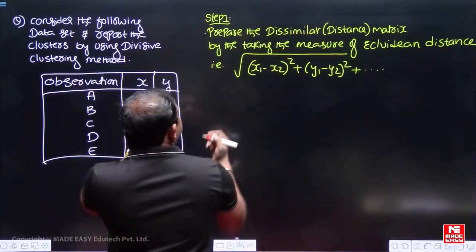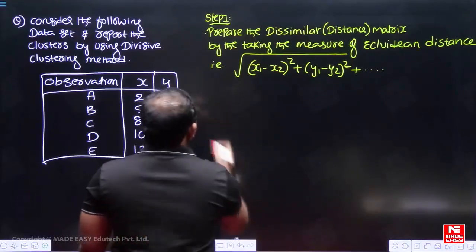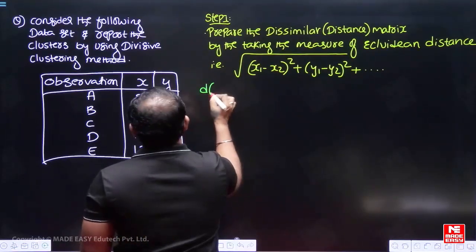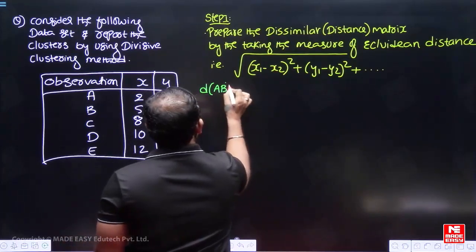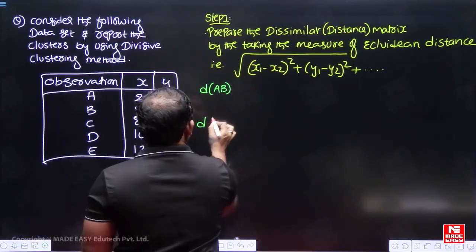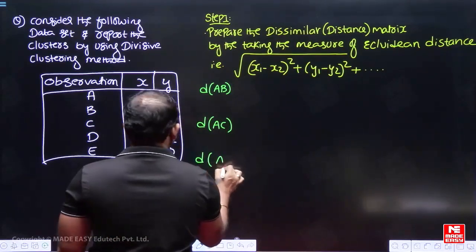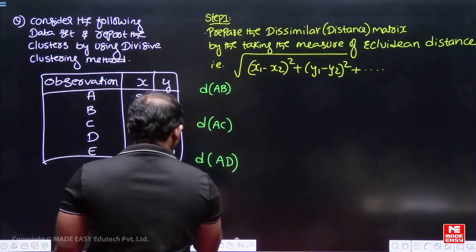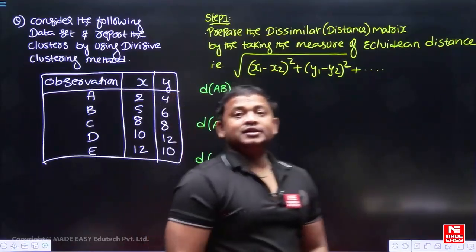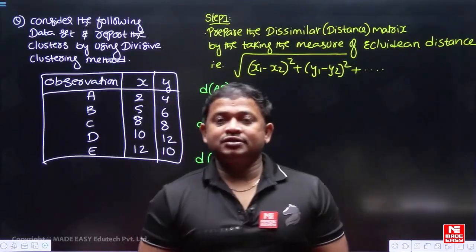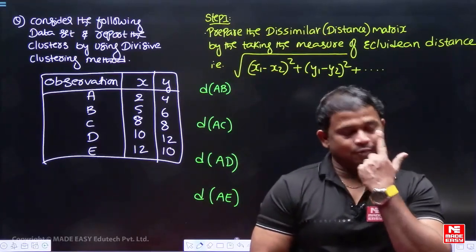Now I want to take the distance between A and B, and also the distance between A and C, then distance between A and D, and distance between A and E. So we need to calculate the distance between all combinations: AB combination, AC combination, AD combination, AE combination.